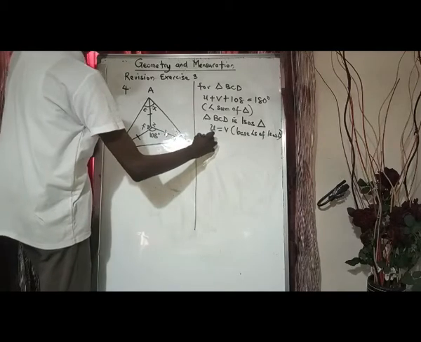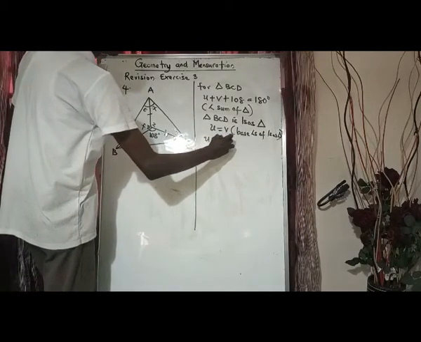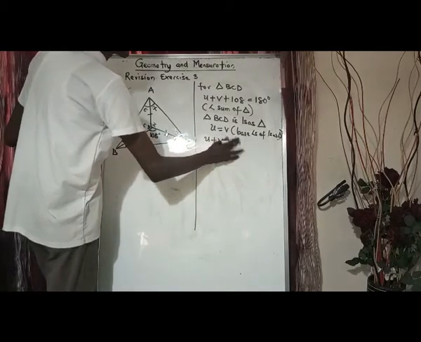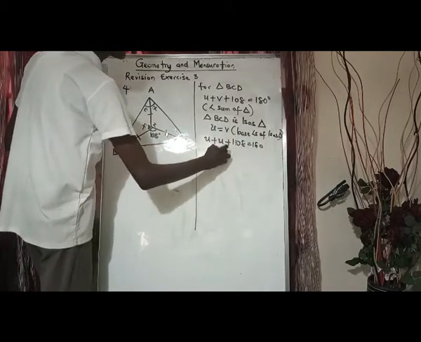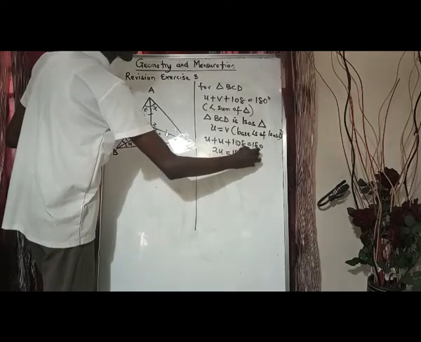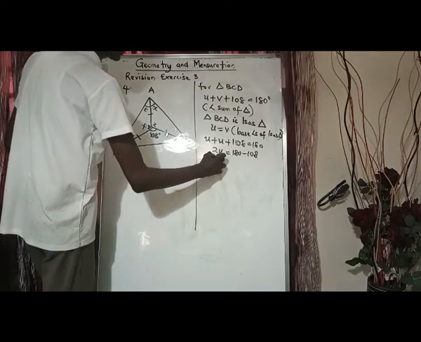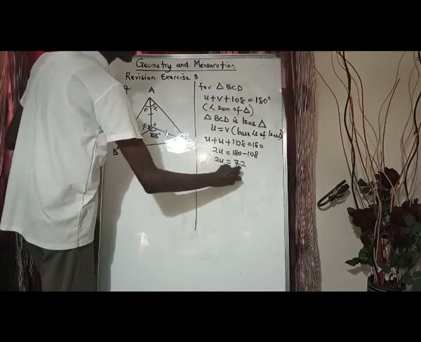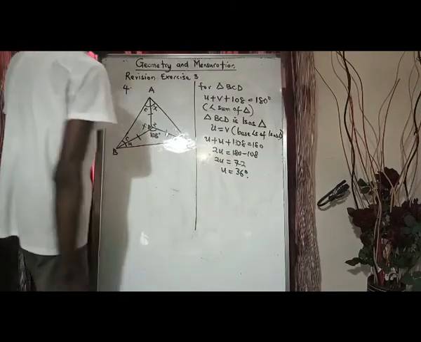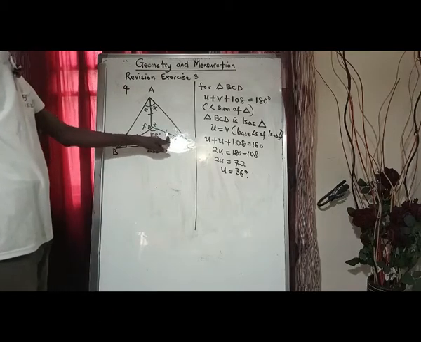So I can come here and say U plus U plus 108 will be equal to 180. Meaning that 2U will be equal to 180 minus 108. What does that give you? 2U will be equal to 72, and U will be equal to 36 degrees.